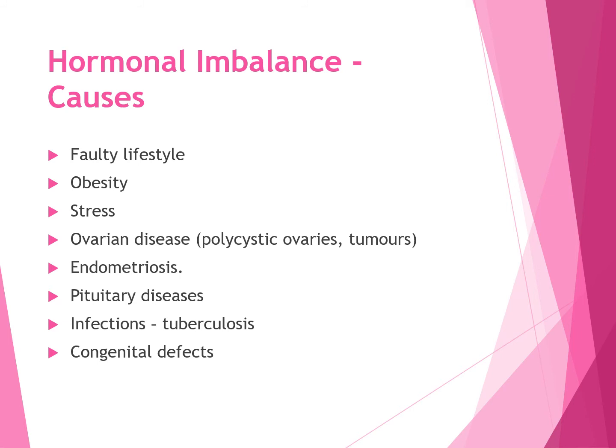Then ovarian disease, that is polycystic ovarian disease, occurs because of hormonal imbalance. If a tumor is there, again hormonal imbalance occurs. Endometriosis is one of the causes of obesity and also hormonal imbalance. Pituitary disease, I explained to you, because the pituitary is the master gland and that gland controls the other endocrine system.